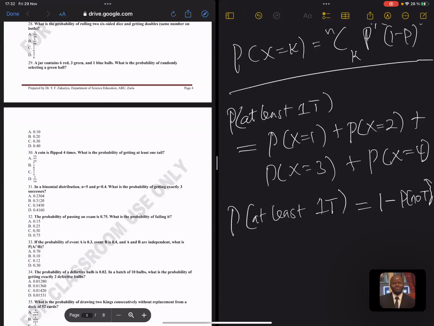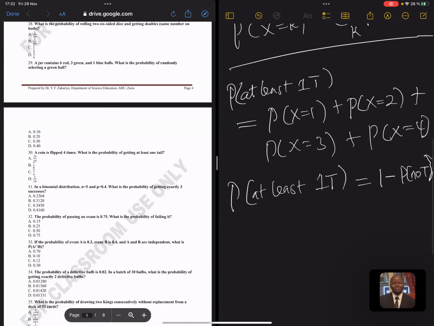If at least 1 tail, then the complement is what? No tail. By the complement rule, the probability of at least one tail can be written as 1 minus the probability of no tail. This will be easier for us. Probability of at least one tail is the same thing as 1 minus probability of no tail.